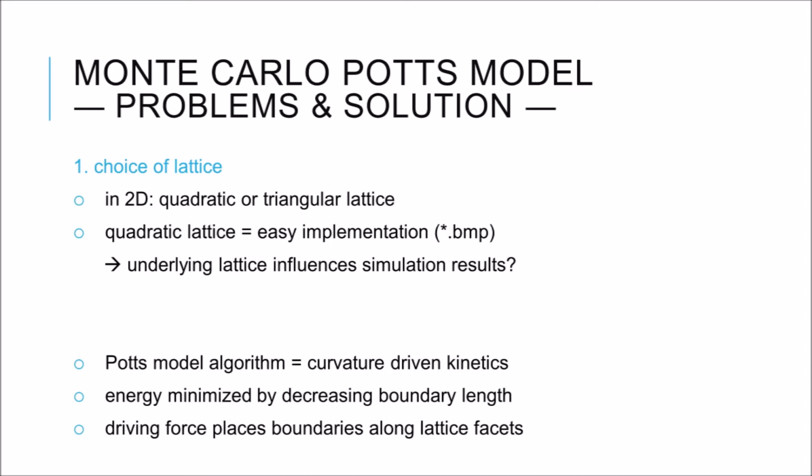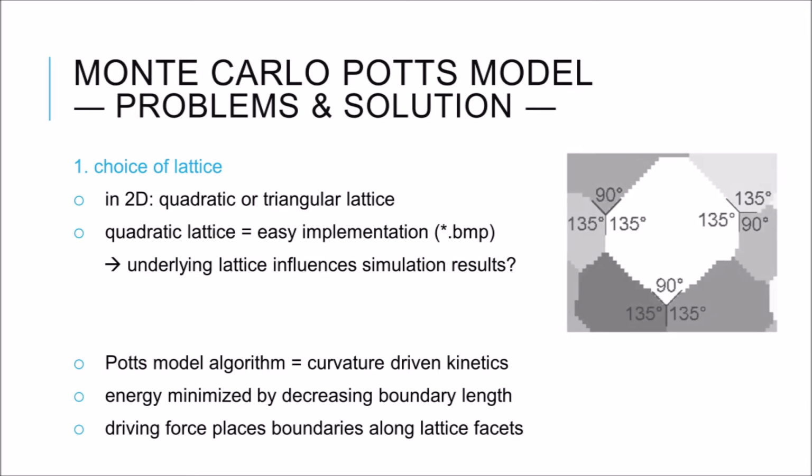But as a result, the driving force of this simulation places the boundaries along the lattice facets. The result can be seen here. You see that the boundaries are very straight, not to say they are more or less linear.